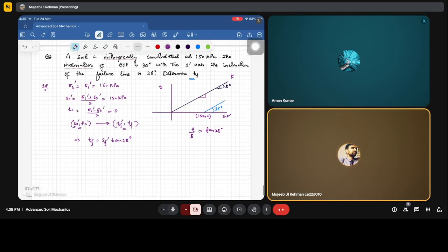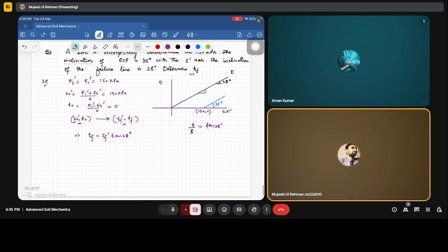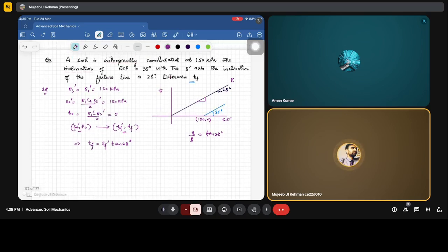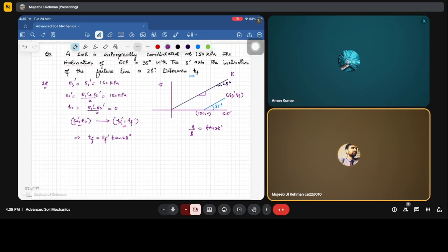Apart from this, the ESP has an inclination of 35 degrees with the S naught dash. So for this point, SF dash, TF dash, again we can write an equation based on the ESP inclination of 35 degrees.